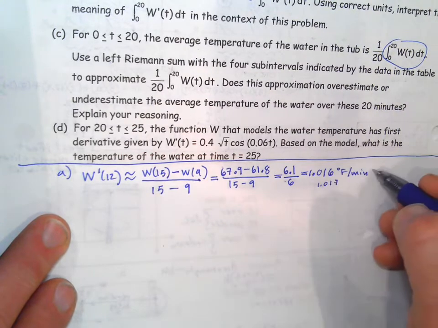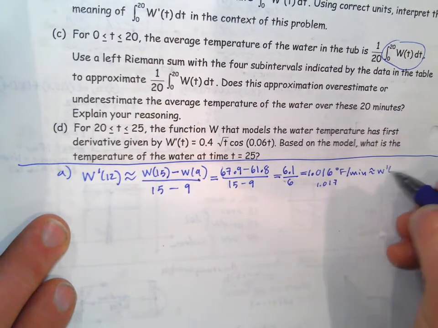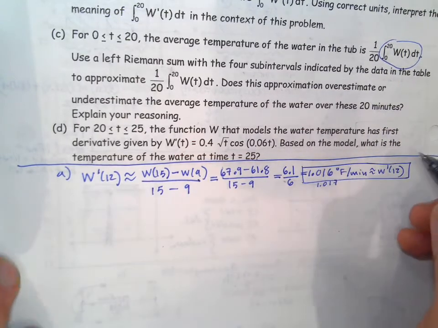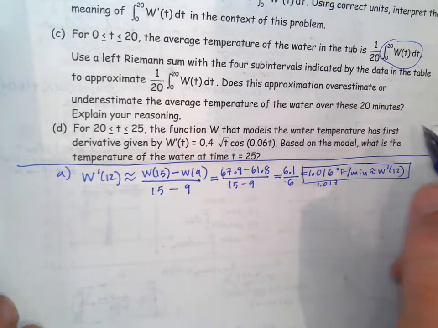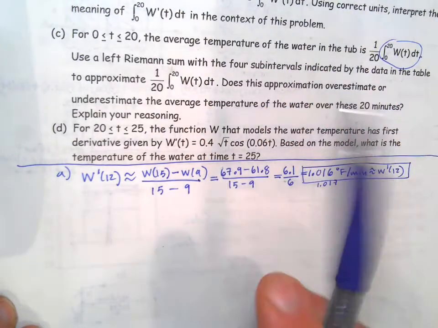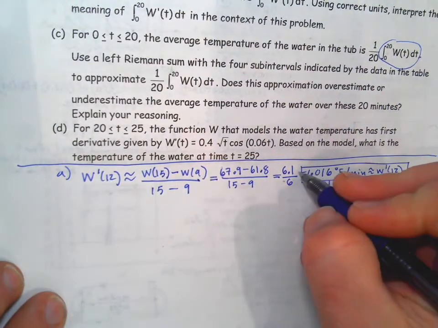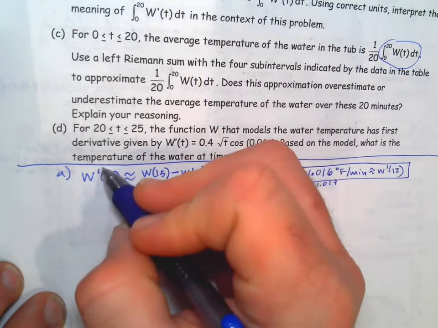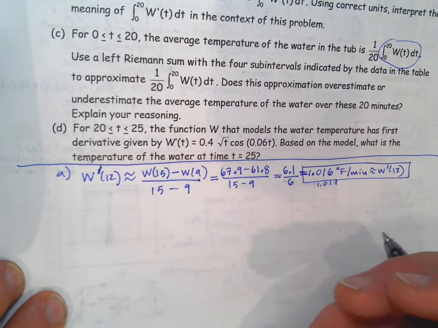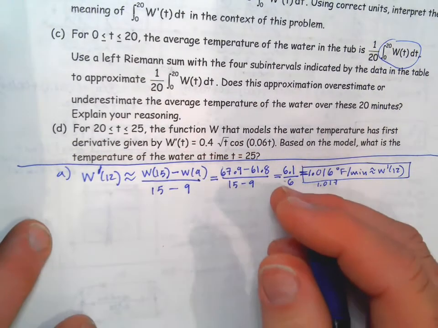And so this is our approximation for W'(12). So that's one part of it. We showed our work, we got our answer, and put the units. Now it says, using the correct units, interpret the meaning of your answer in the context of the problem. In general, if you get that the derivative is positive, then you should probably say that something is increasing. If it's negative, you should probably say that something is decreasing. That's probably the most go-to.